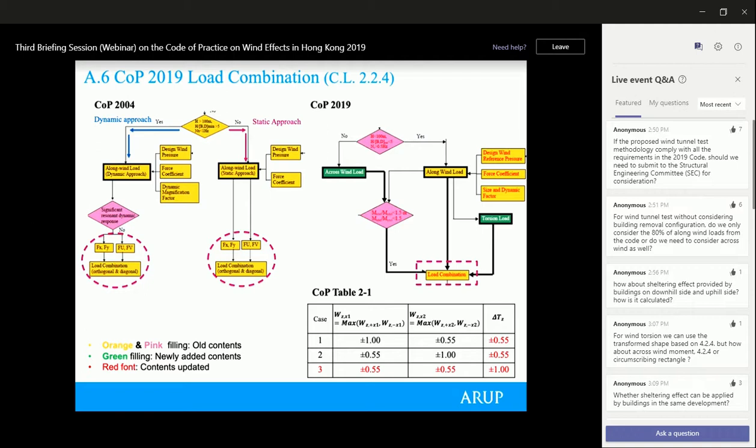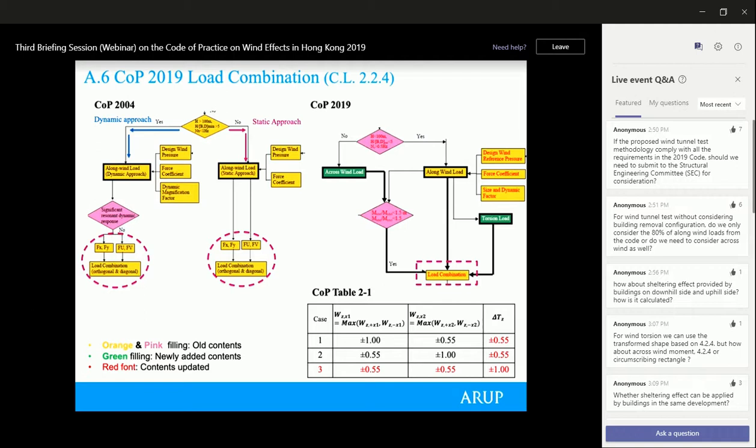So may I interpret that the UV direction has been catered for by using the load combination factors of 1 and 0.55? Yes. So designers, remember that you use the local axes of B and D to find the along-wind and crosswind moments and the torsion.